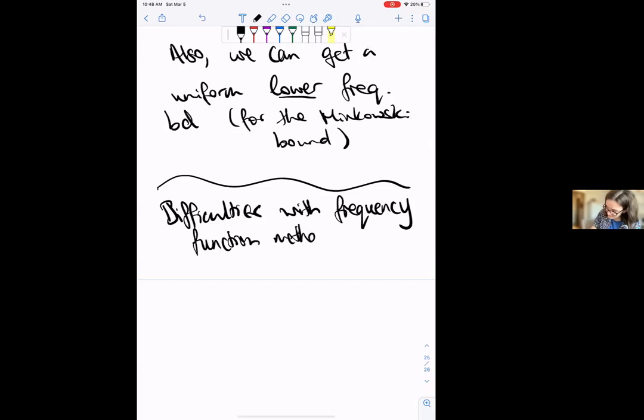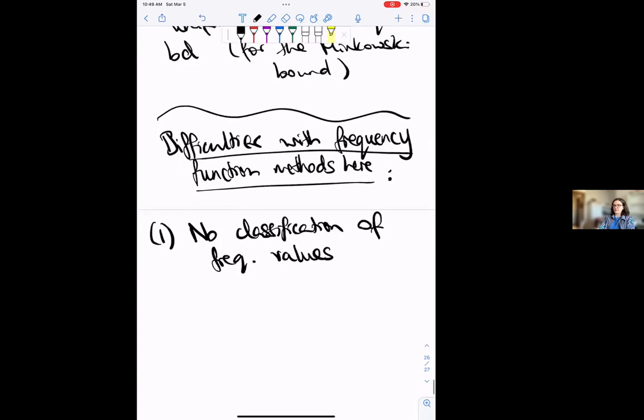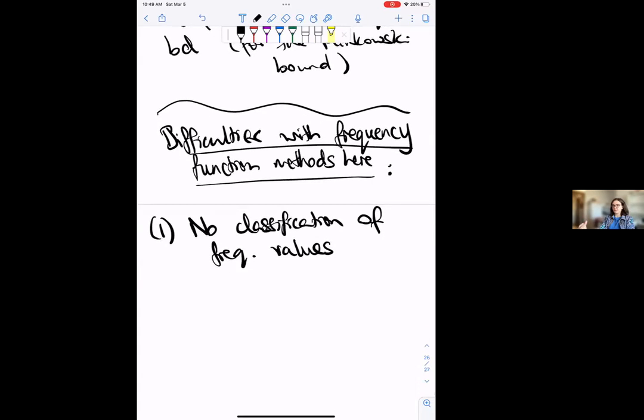I guess two main difficulties. One, we have no classification of frequency values. So we have no classification of possible homogeneities in general in the nonlinear setting.